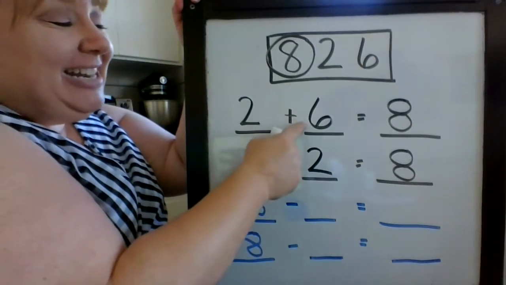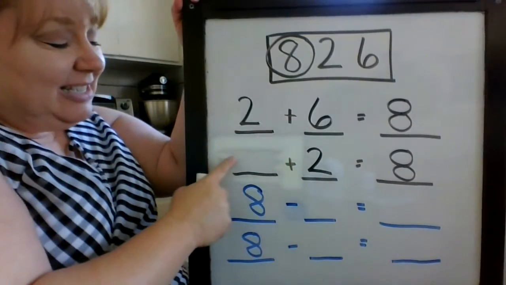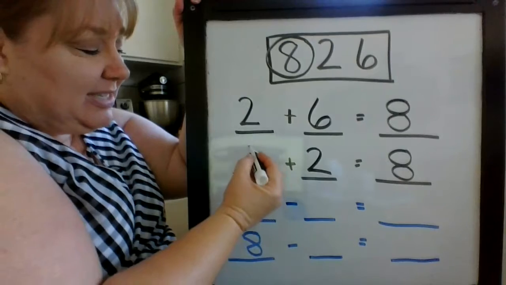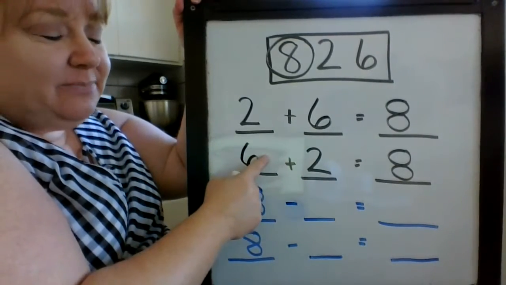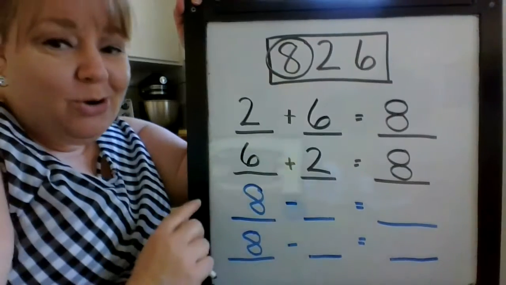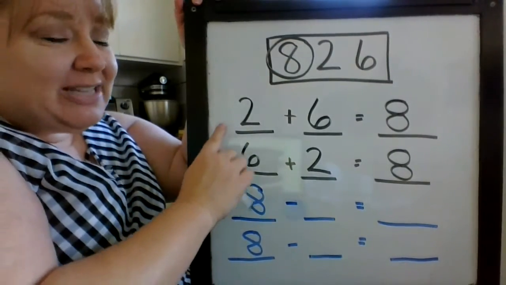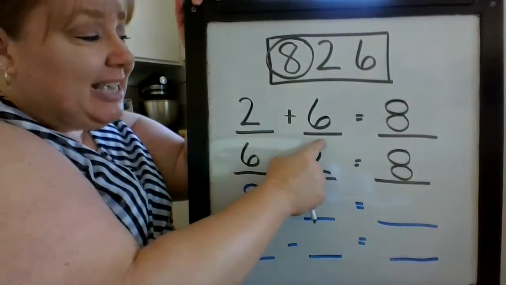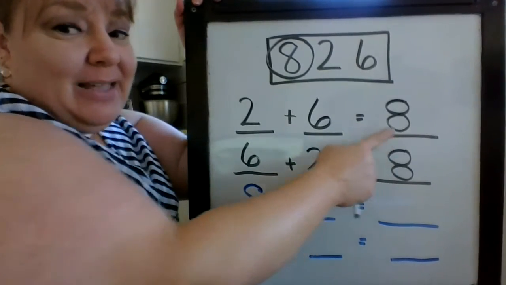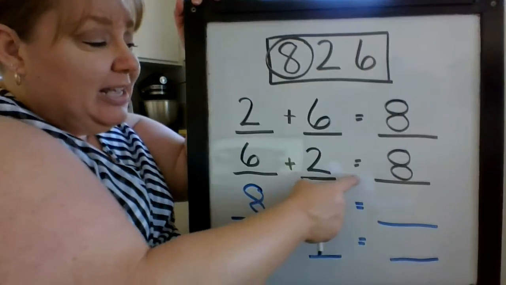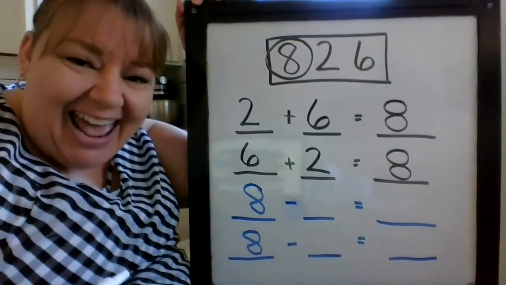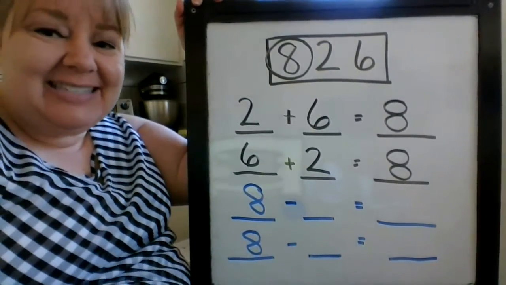And I didn't start with 6, but now I'm going to start with 6. Same numbers, but in a different order. So my first number sentence is 2 plus 6 equals 8. My next number sentence is 6 plus 2 equals 8. Yay! Great job, my friends.